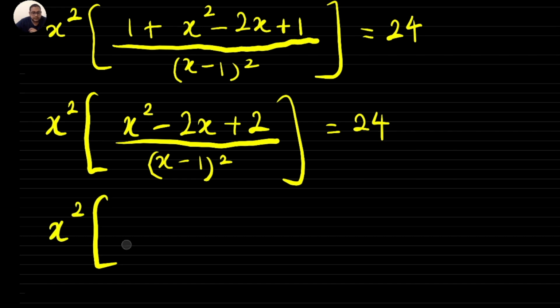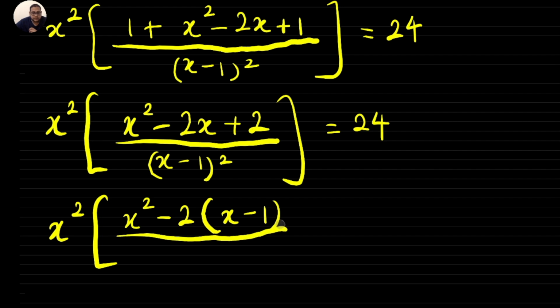I write x squared outside the bracket, x squared again inside the bracket, and for the next two terms I'm going to factorize minus 2. So we have (x minus 1) close bracket, and then you have the common denominator for all these terms, that will be (x minus 1) squared. Close your square bracket, and this is equal to 24.